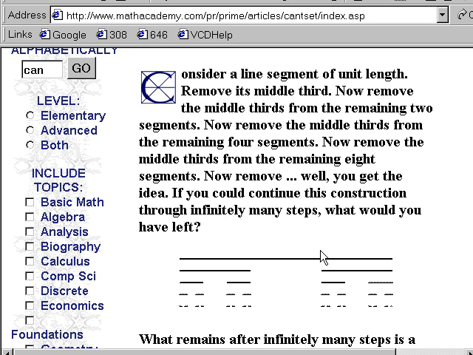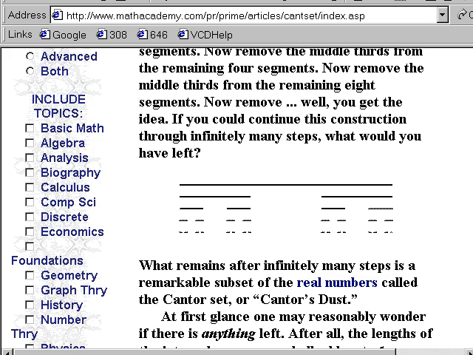So what the Cantor set was is you started off with a line segment, and you remove the middle third. Then you take these line segments, that's 2/3, and you remove the middle third. So this is now 4/9, and you remove the middle third. So there's 8 segments, then 16, then 27ths, and you keep removing.